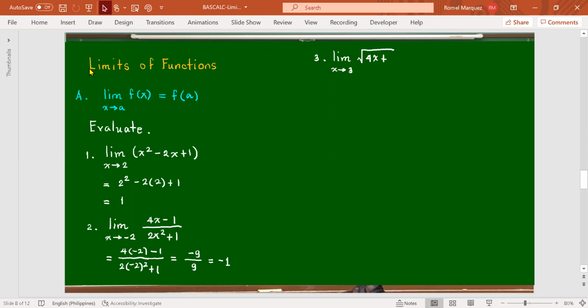For 4x plus 1, if x is substituted to 3, will it be at the end point of the graph? What do you think? Will it make the radicand 0? Because if the radicand is 0 when x is 3, it is at the end point, okay?